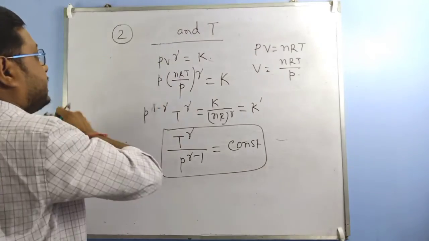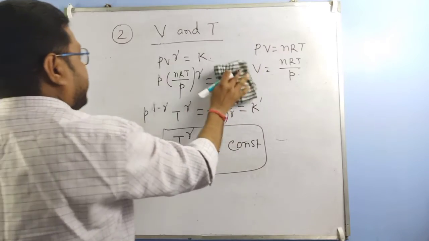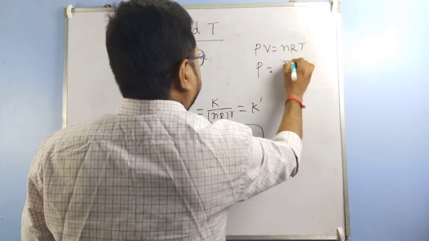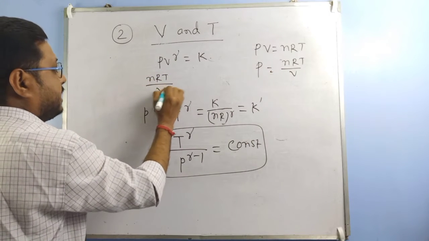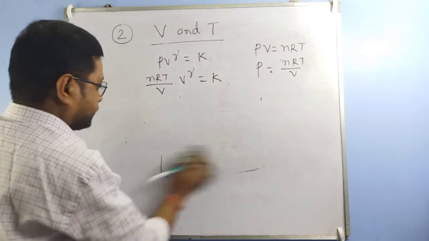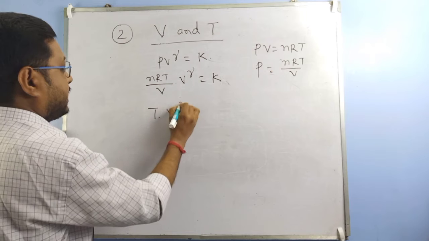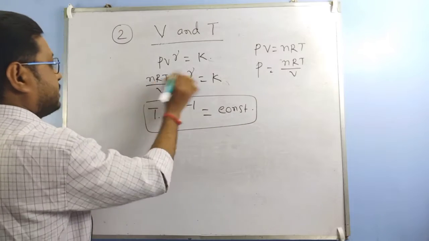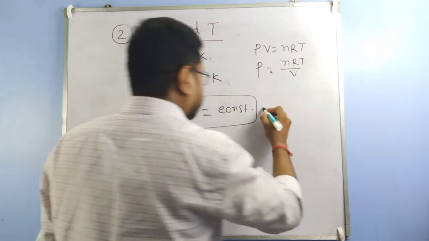Now you can go with V and T. The main equation is P V to the power gamma equal to constant, and here P equals nRT by V. So put nRT by V, times V to the power gamma equal to K. So we get T V to the power gamma minus 1 equal to constant, because the other terms are also constant. This is the basic law.